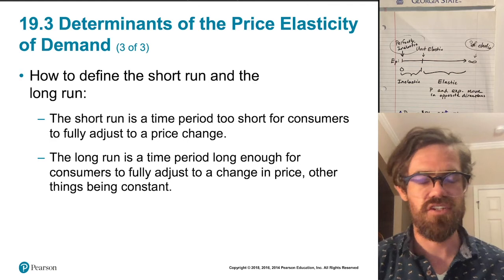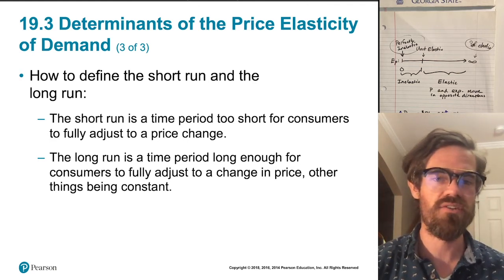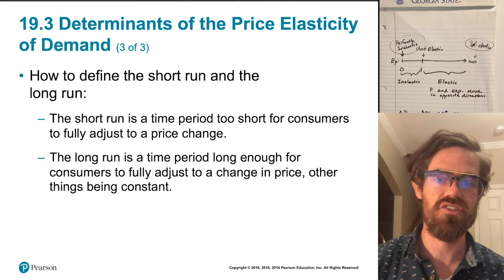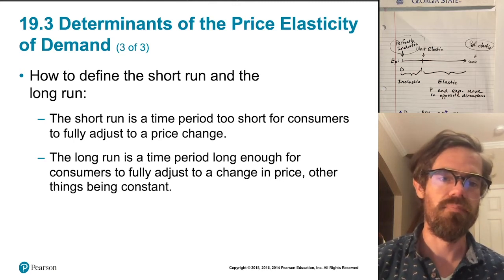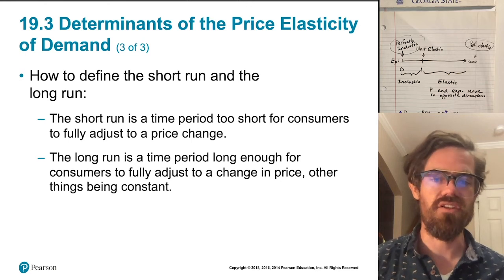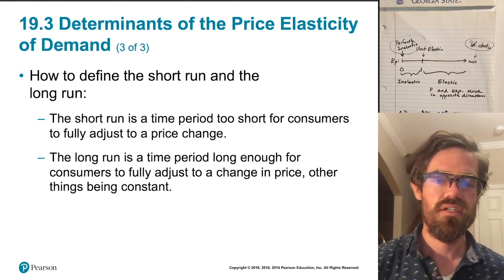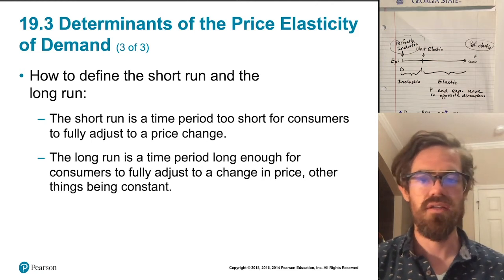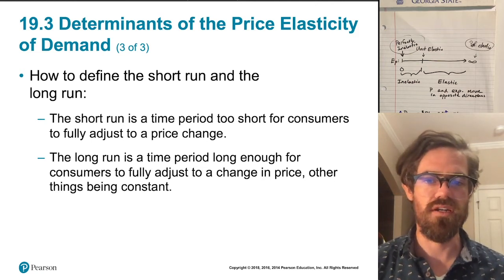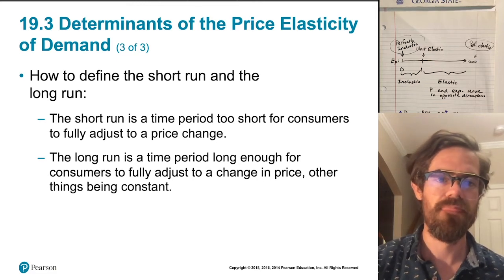We're going to have a different definition for it when we talk about firms, but as far as consumers go and demand goes, the short run is a time period that's too short for consumers to fully adjust to a price change. Whereas the long run is a sufficiently long period of time for consumers to fully adjust. So long run, full adjustment; short run, not full adjustment. Okay, that's basically what it is.